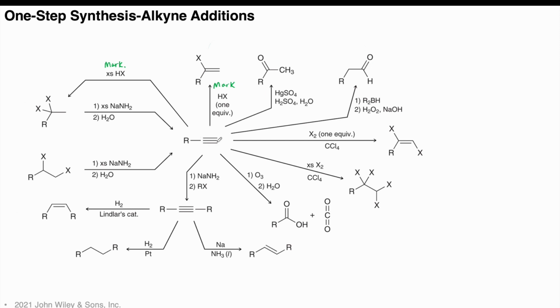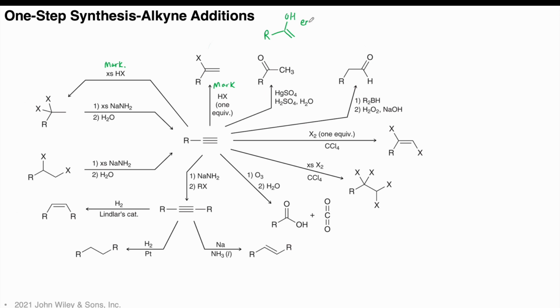In the case of an alkyne, when water is added, overall an oxygen and 2 hydrogens are added to form what's referred to as an enol. This is a Markovnikov addition, where the OH ends up on the more substituted carbon of the alkyne and the hydrogen on the less substituted carbon of the alkyne.